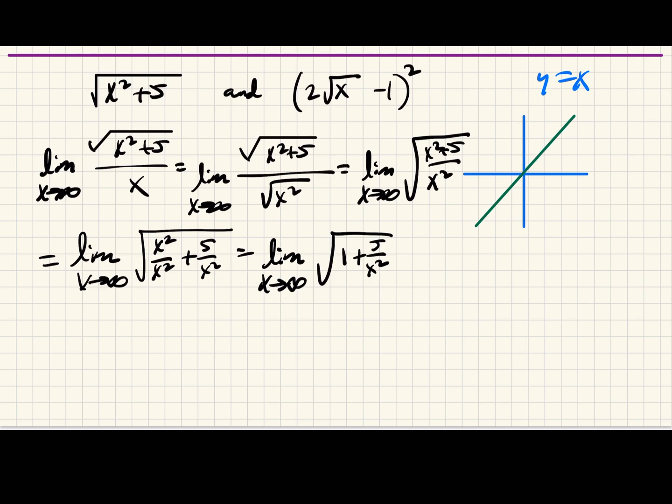Well, as x goes to infinity, 5 over x squared is going to 0, right? And that just leaves me with the square root of 1, or just 1. So that tells me that the square root of x squared plus 5 and x grow at the same rate. Okay, then what about the other one here?